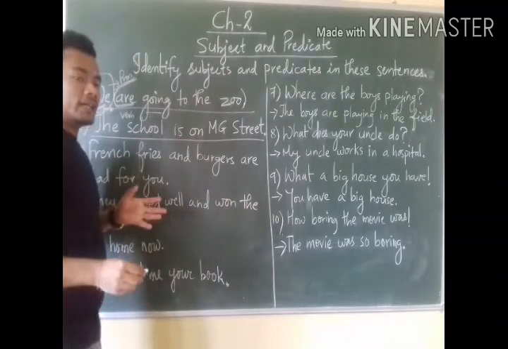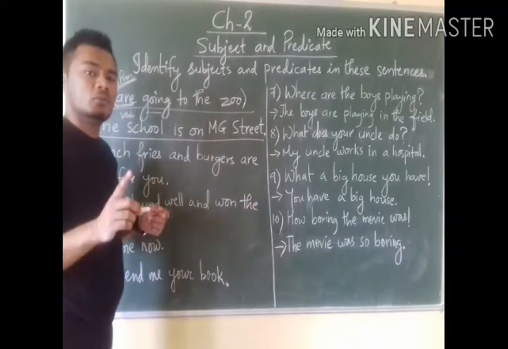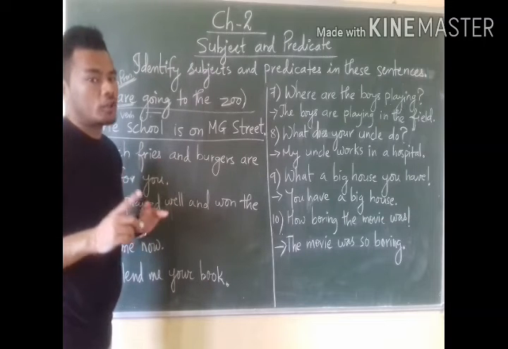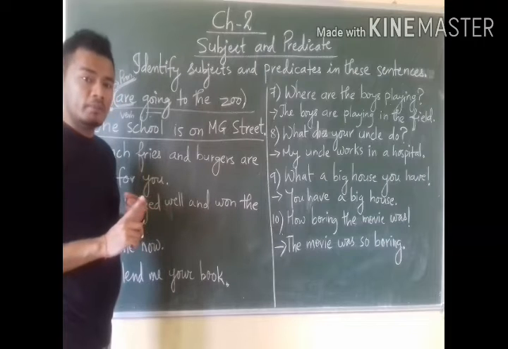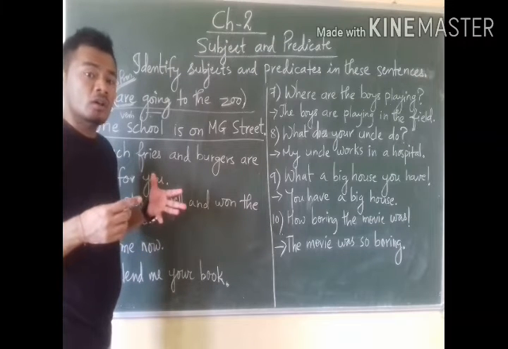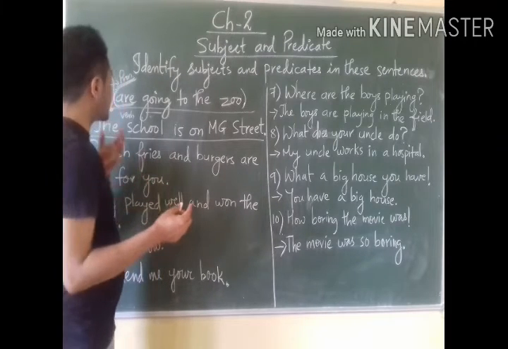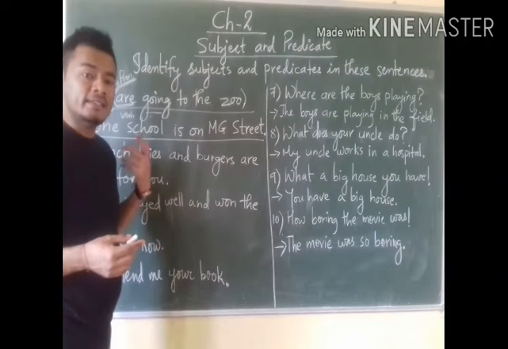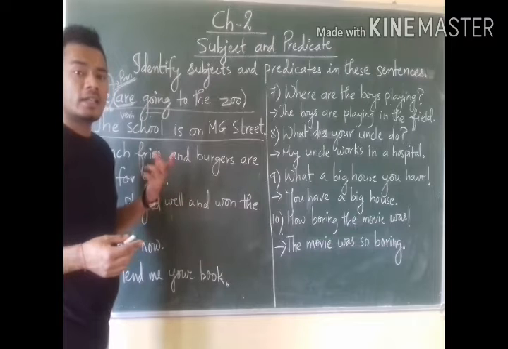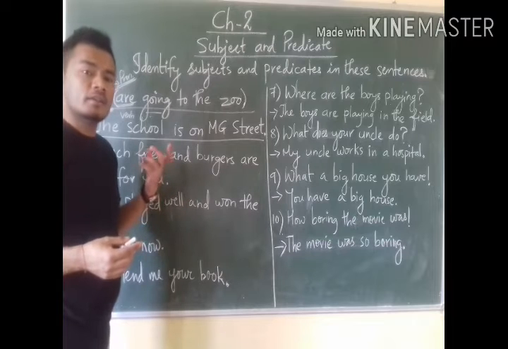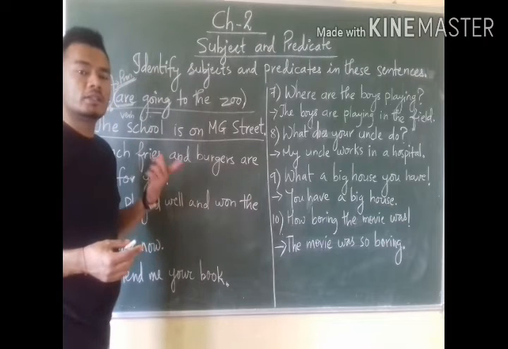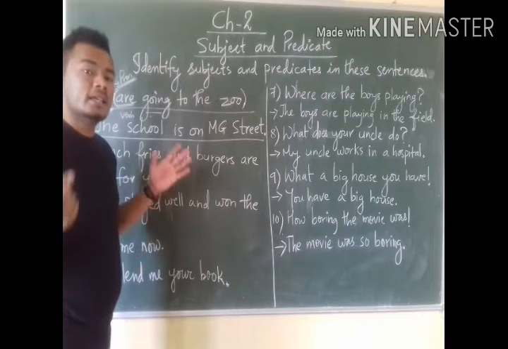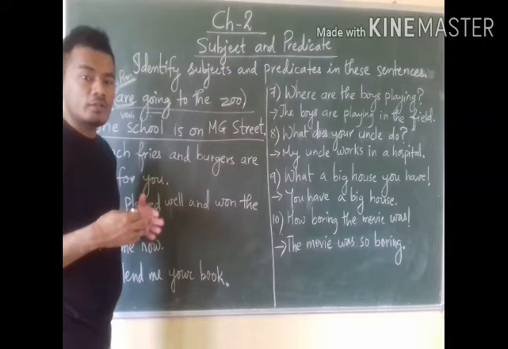I told you that the main subject is always a noun or pronoun. But sometimes we may use other words that go along with the main noun or pronoun. In that case, other words that describe the noun or pronoun used as the subject can also be treated as part of the subject.